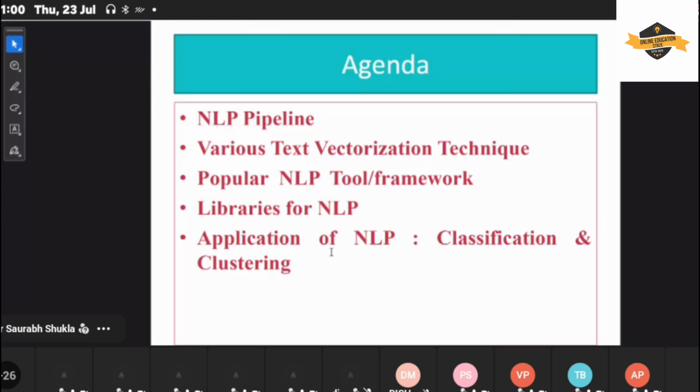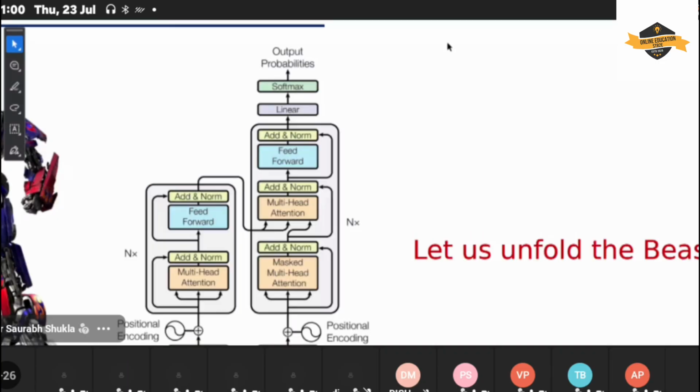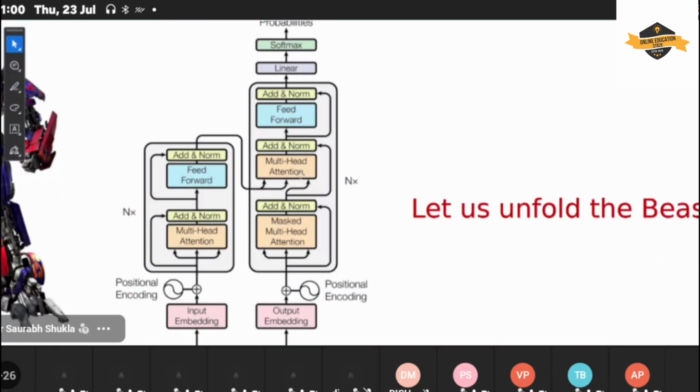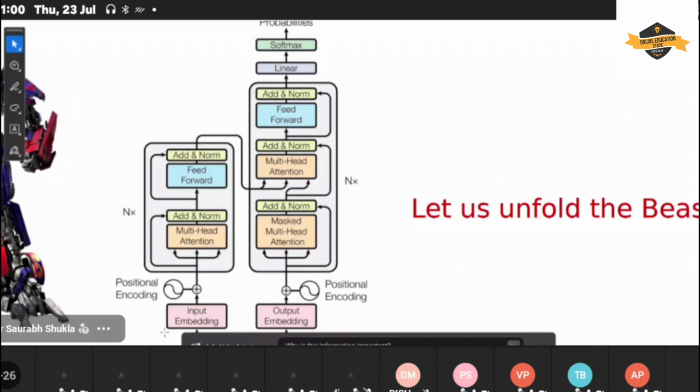NLP is natural language processing. What is text vectorization now? Why am I talking about text vectorization? Because if you see the functioning of a large language model, which is dependent upon the transformer, they have some input. Just now we have seen the input, how's the weather outside. Then before input embeddings, it is changed into tokenization. What is tokenization? Just now we have discussed.